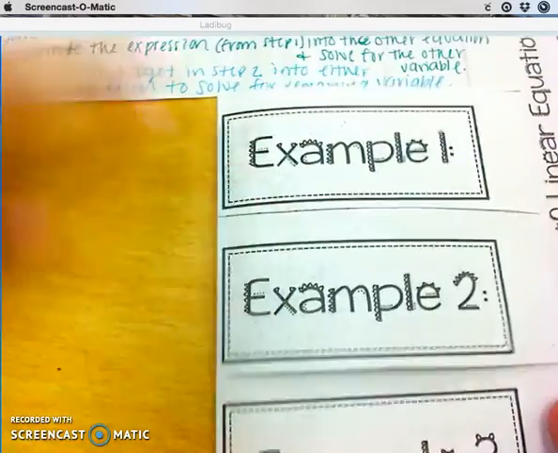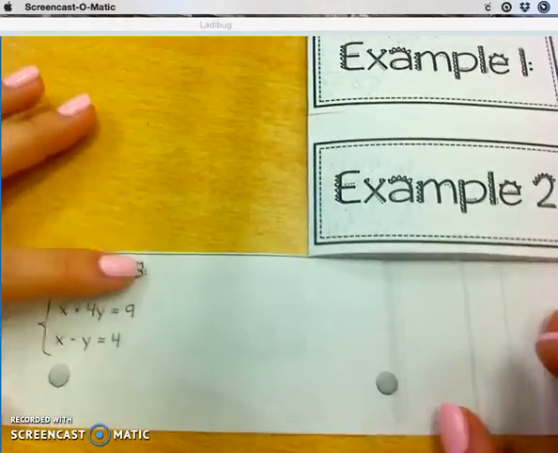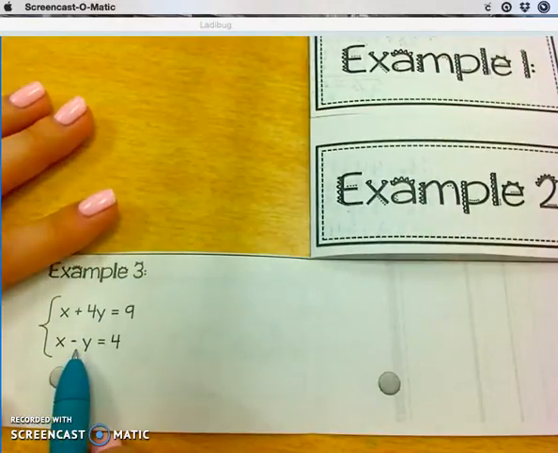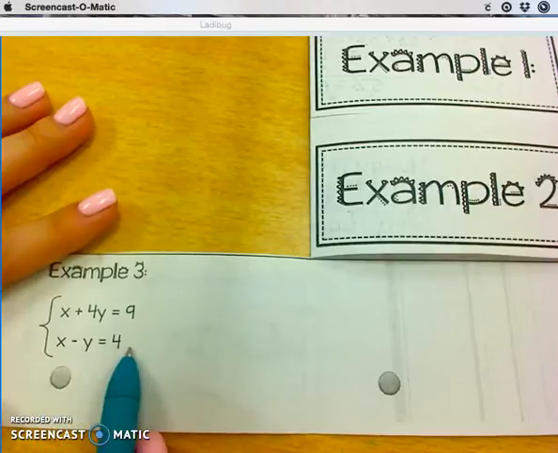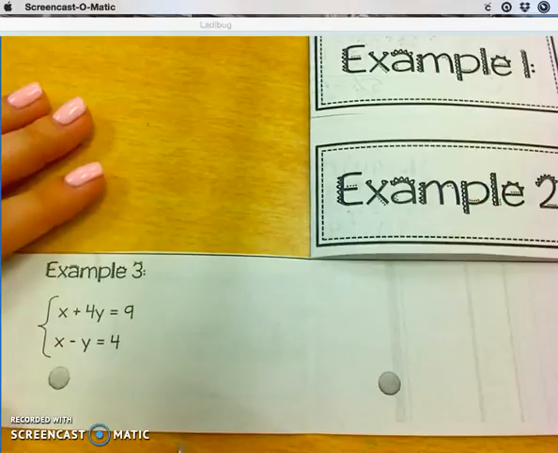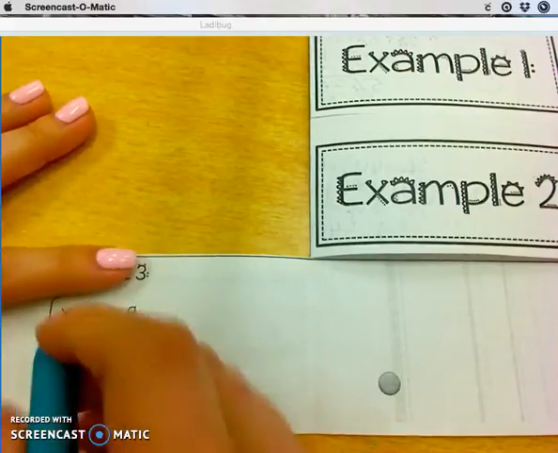Good. So now example 3. First step says make sure one of the variables is by itself. No variable is equal to an expression. My 9 is isolated and my 4 is isolated. Well, I would say that the easiest thing to get by itself is this x right here, because all I have to do is add y.